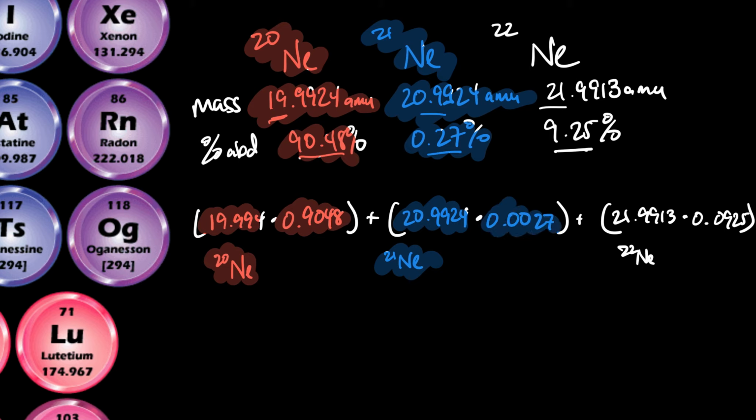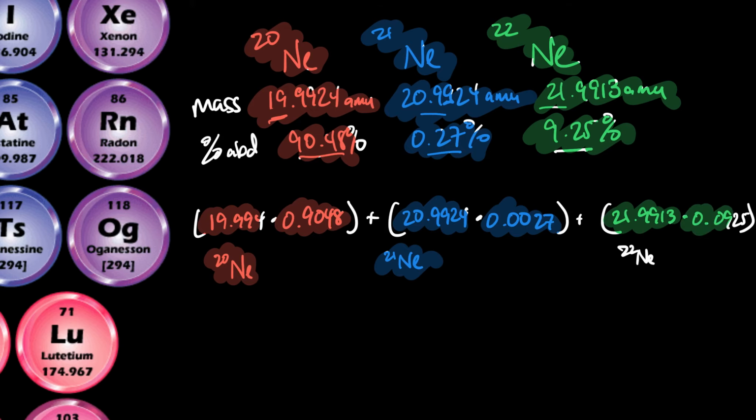And then last you have neon 22, here's its mass, percent abundance, and the decimal version. You plug it in the calculator, and what you should get is the same number that you find on the periodic table.